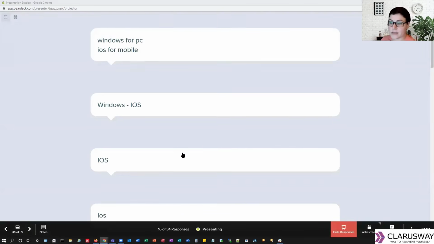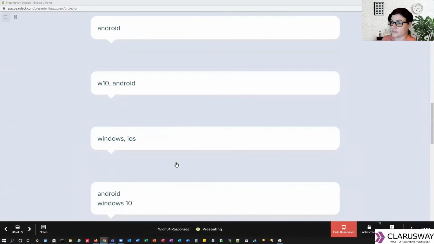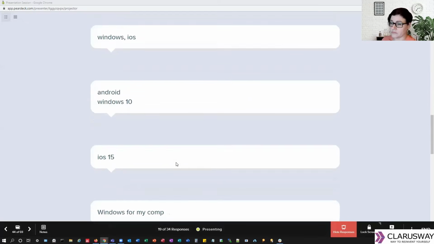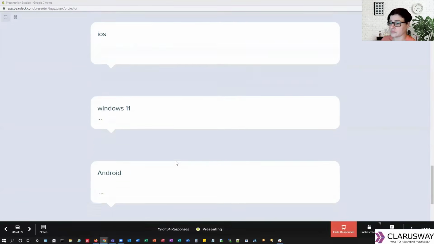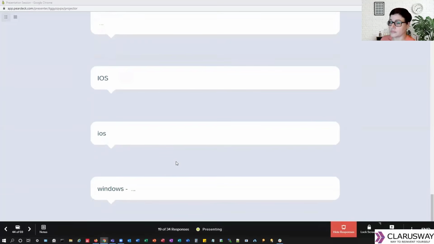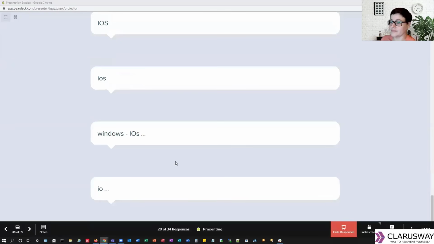And a lot of iOS, Android 11, Windows 10. Yeah, Windows, iOS.